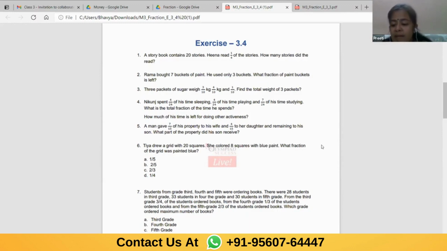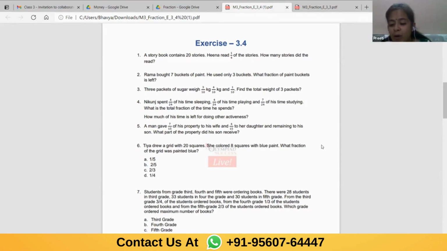Do you notice that their denominator is same? Yes, ma'am. So, when the denominator is same, how do we add fractions? We only add the numerator of the fractions and the denominator remains the same, isn't it? Yes, ma'am. So that's what Dharya is saying, that 4 plus 7 is equal to 15.